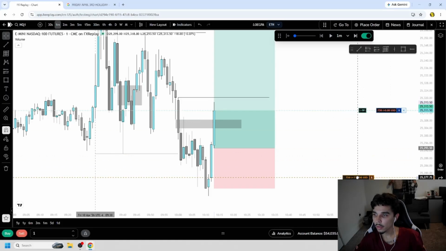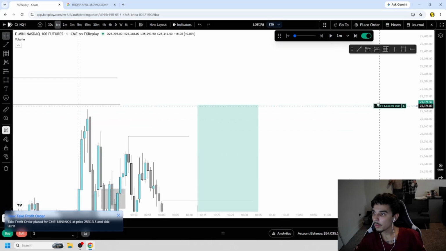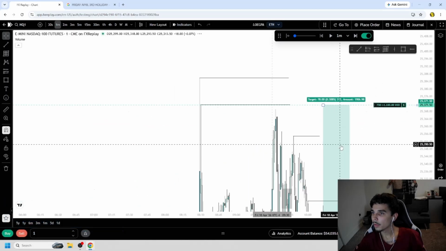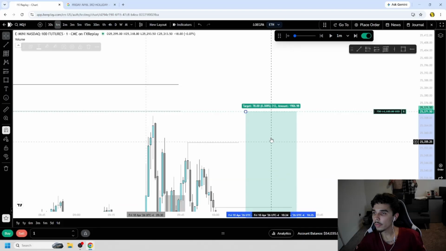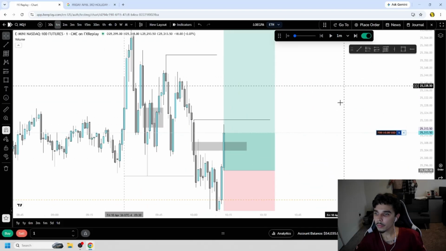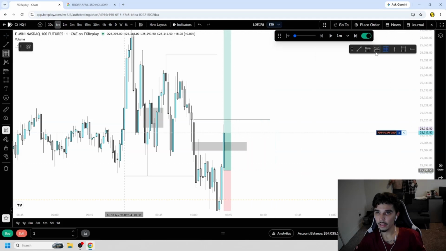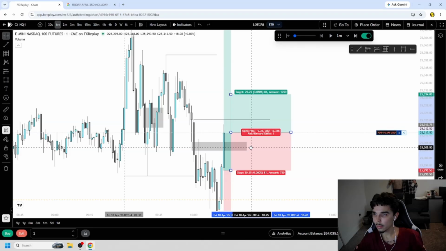Stop loss, I'm going to put it right there. That's ideally where I'd put it. And then my TP would be up here, or you could aim for your TP to be up here. Okay, so this is trade idea number 1. Our real trade idea is going to be this.